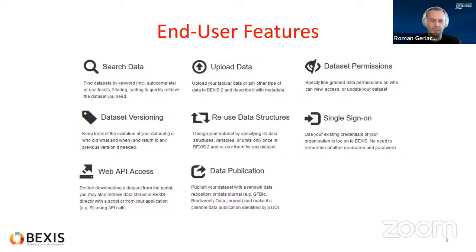And we also support some data publication workflows, since, as I said, BEXIS is meant to be an active project platform. We sometimes have the situation that those platforms, or those instances, as we call them, may not be there forever, like a repository.